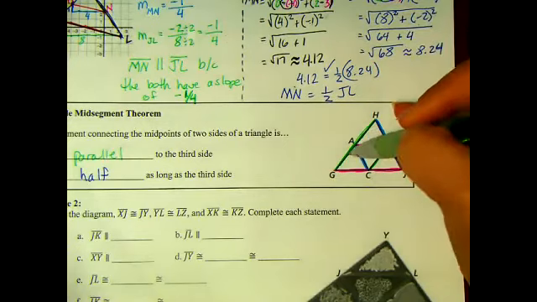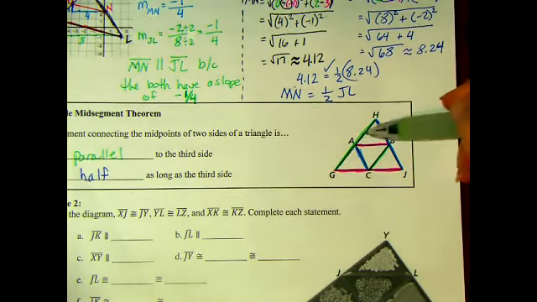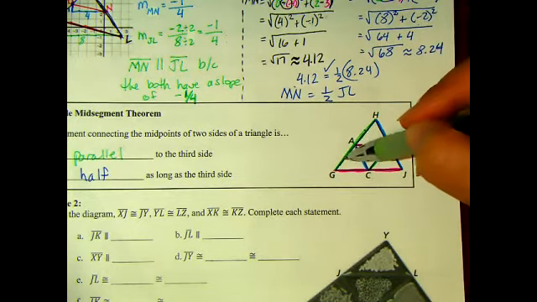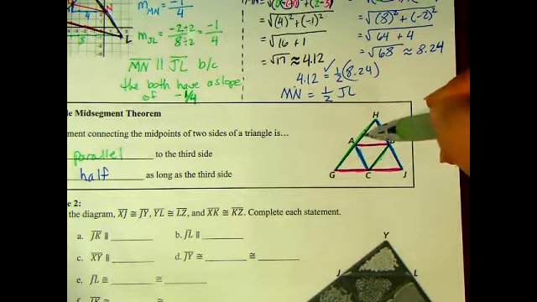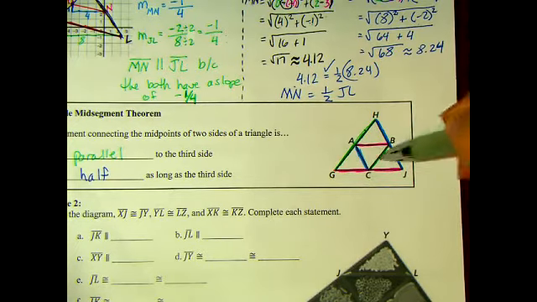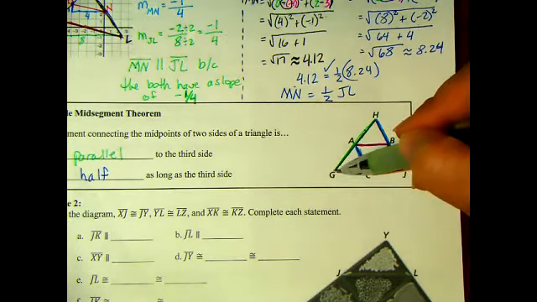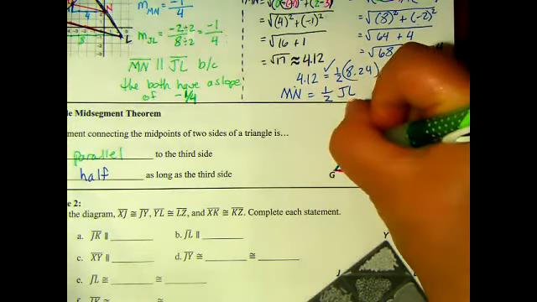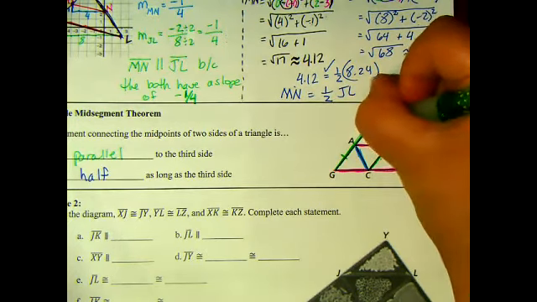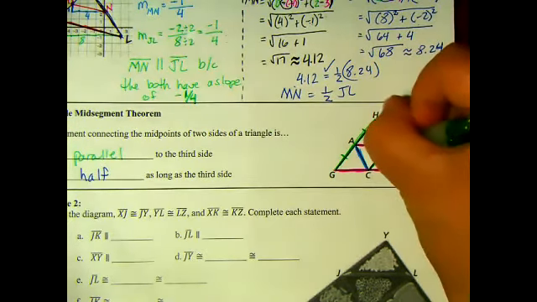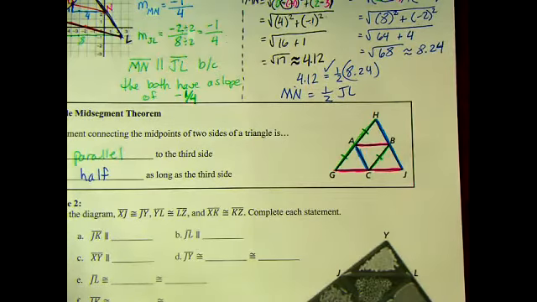Since this is congruent to this, and each part is half of the whole, if this is half, and this is half, and the midsegment is half, then they're all congruent to each other. So this segment GA is congruent to AH, is congruent to BC.